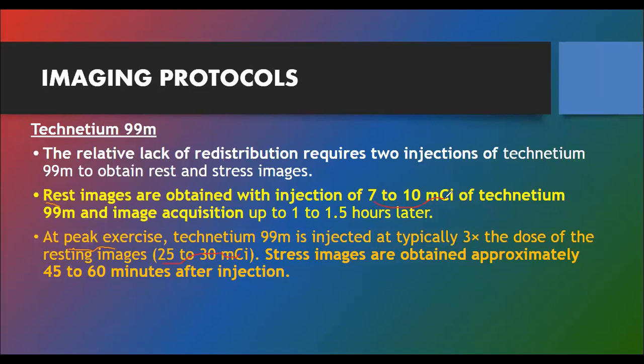You don't have to remember how much isotope is being injected. That is to be known by the technician. You just have to remember that this is done in 2 stages, rest and peak exercise, which are usually done around 4 hours apart, so that the myocardium which has previously absorbed the isotope may undergo decay. It clears from the myocardium itself, undergoing the decay process of radioactivity, and then we are going to inject the second one.